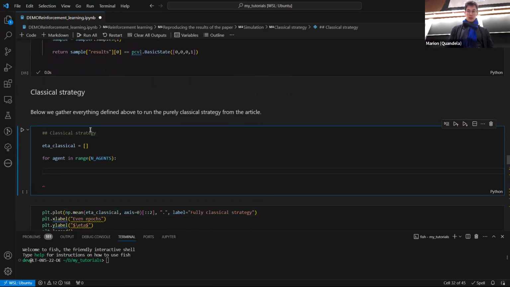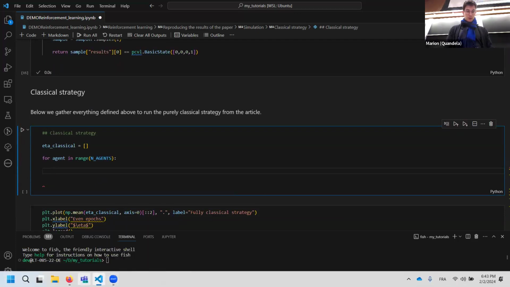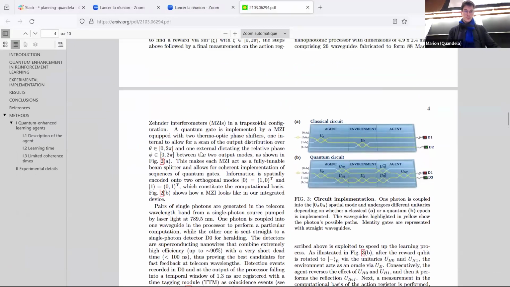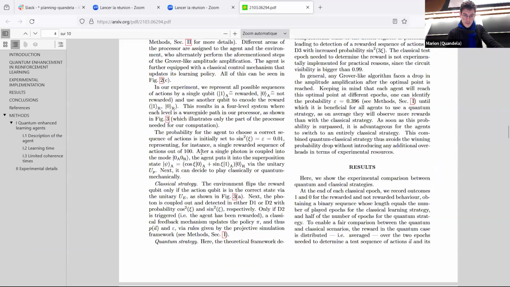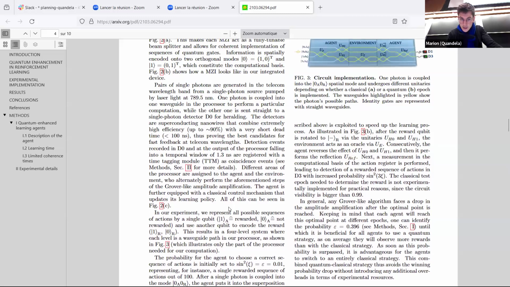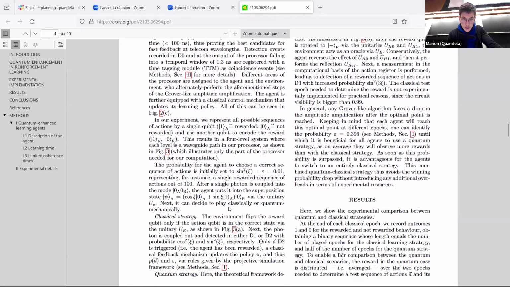It's already here. So, okay, maybe I can show you the paper again. You see that basically the probabilities are functions of sine and cosine of xi, and then xi, where is it defined? Here you see that epsilon is a function of sine square of xi.